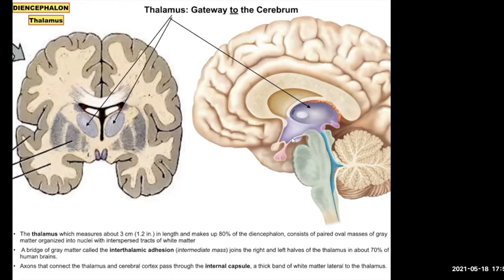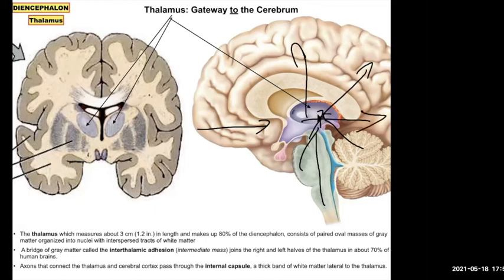Sitting right at the interface between all this incoming information coming from all over the body, right? Coming from up here, coming from your eyeballs, coming from your ear. It's going to get all this information and project it to a particular place.